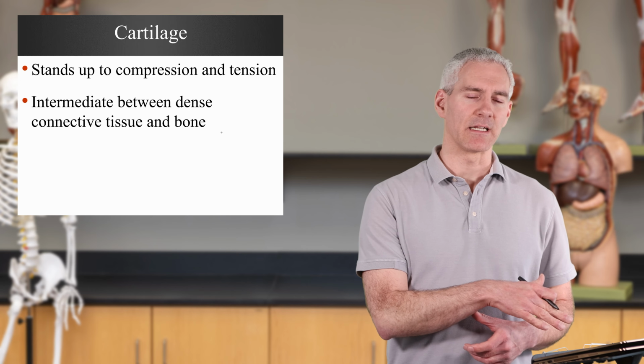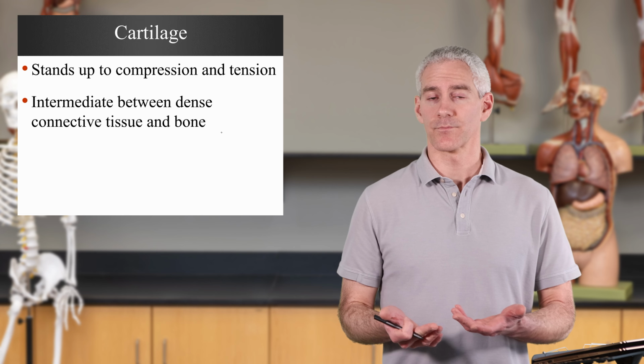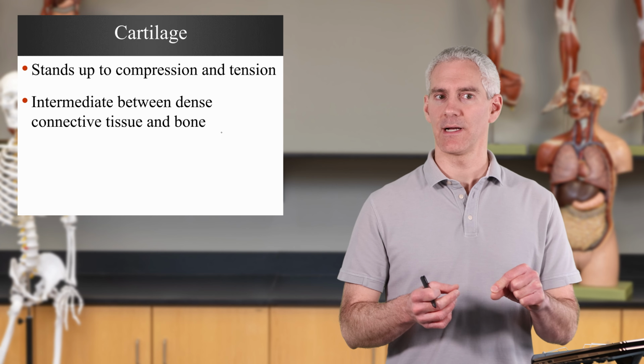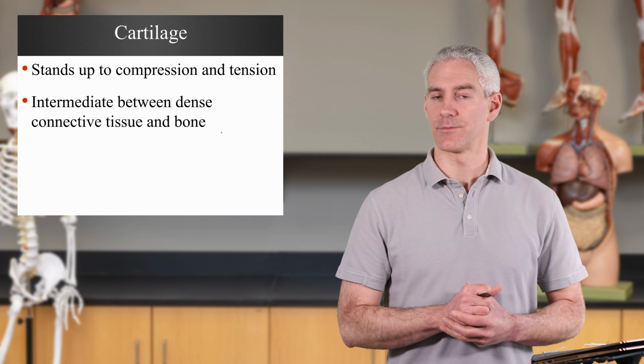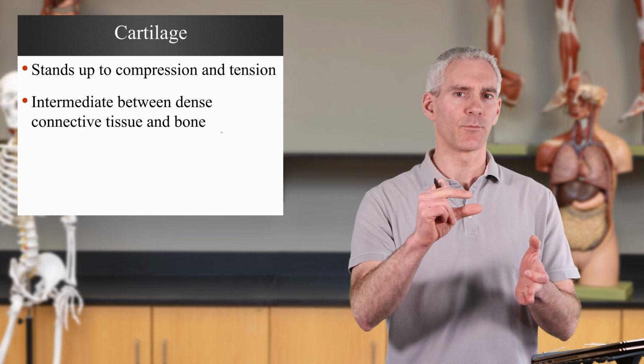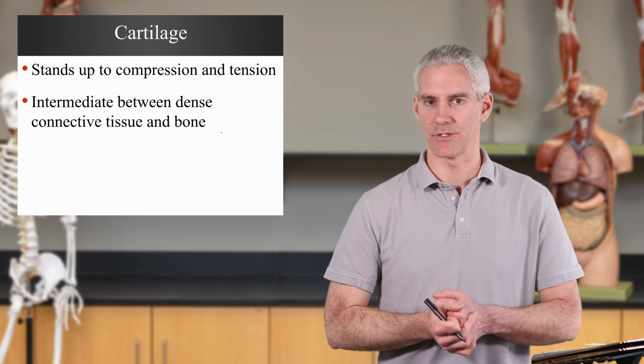They're the intermediate between the dense connective tissues and the solid, the bone. So that dense regular, dense irregular we just talked about, that was part of the connective tissue proper. This is kind of a step up, a little bit more solid, a little more firm. But it's not as solid as bone, which is the osseous tissue at this point.